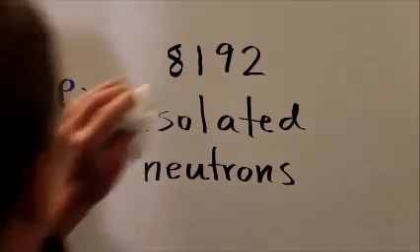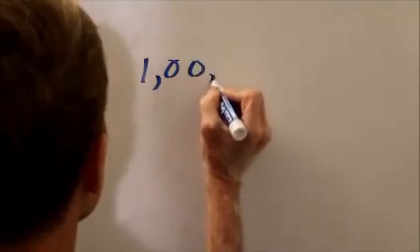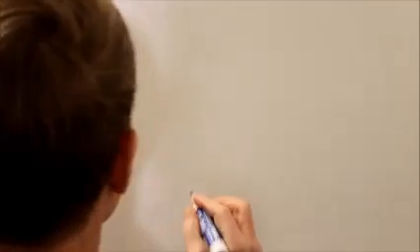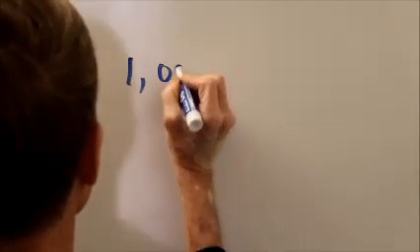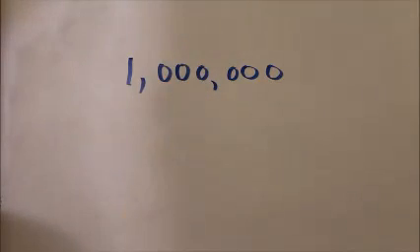Well, the mean life of a neutron is the average length of time that we can expect it to survive in isolation. If we have, say, 1 million of these things to start with, let's just say some large number, 1 million of them to start with, and we wait for 15 minutes, and these are all isolated, we can expect that we'll have a certain number of them left.